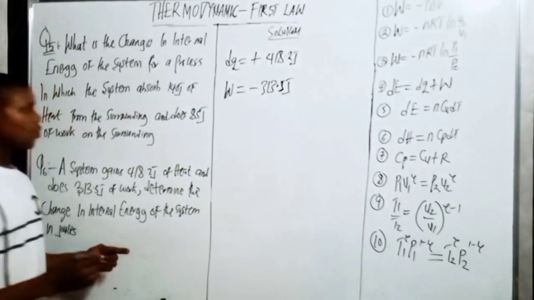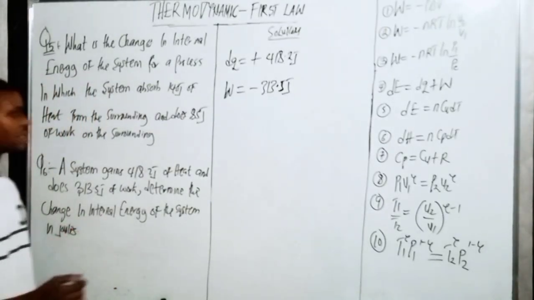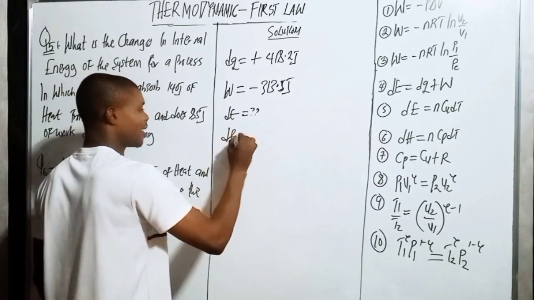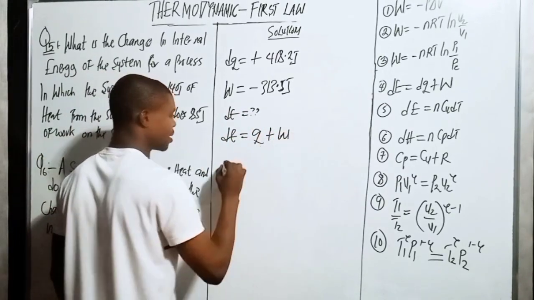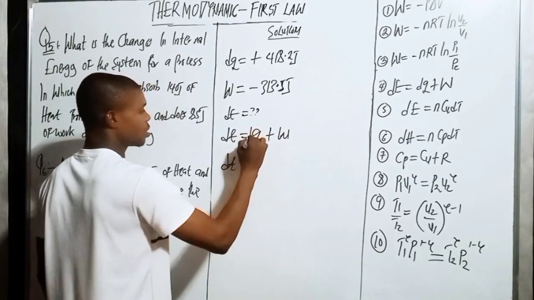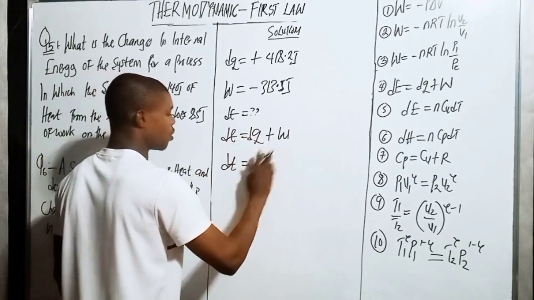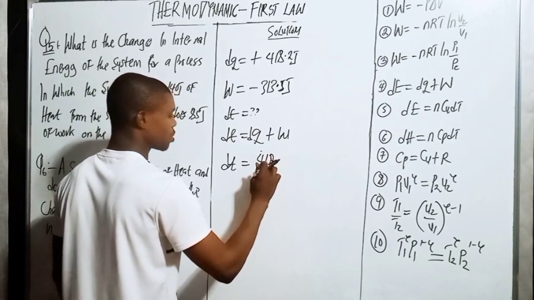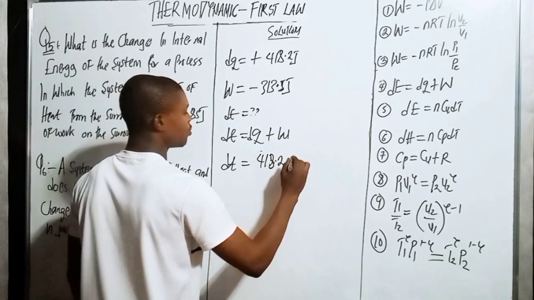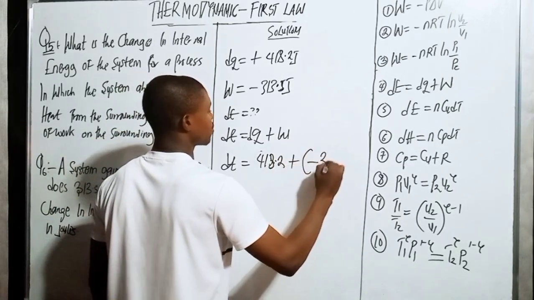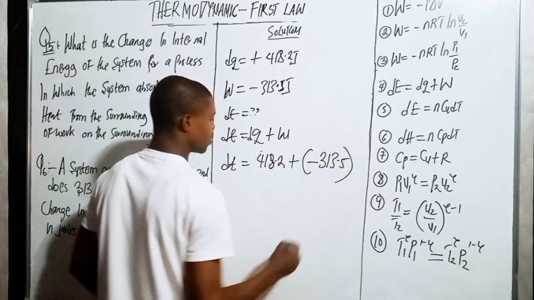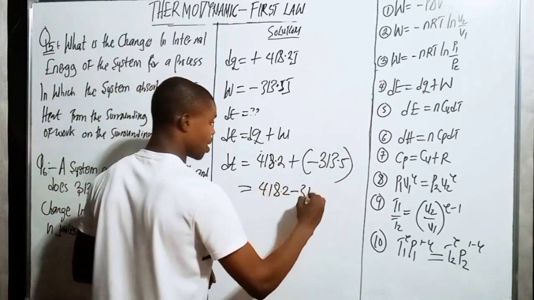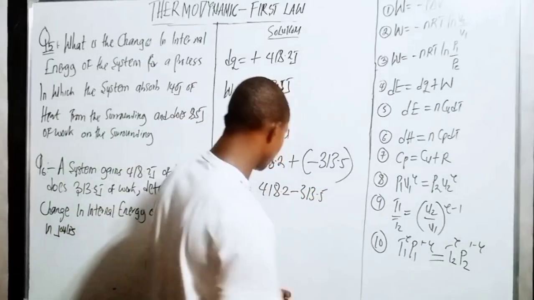They ask to determine the change in internal energy. Delta E is what you are looking for, right? Delta E equals Q plus W here. So you just want to input it here: 418.2 plus minus 313.5. That is 418.2 minus 313.5. So you have to use your calculator.